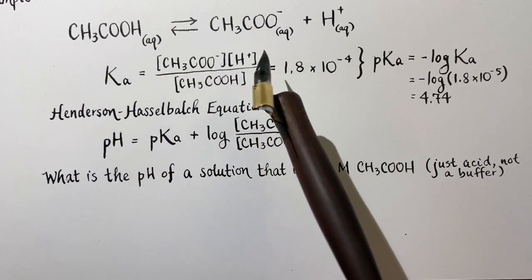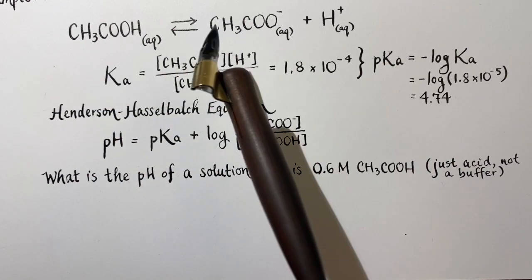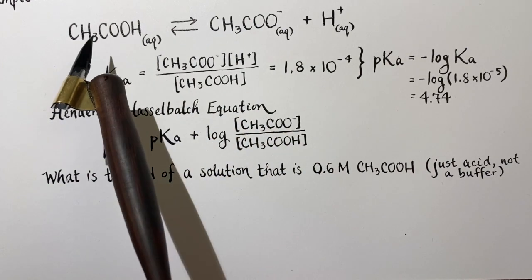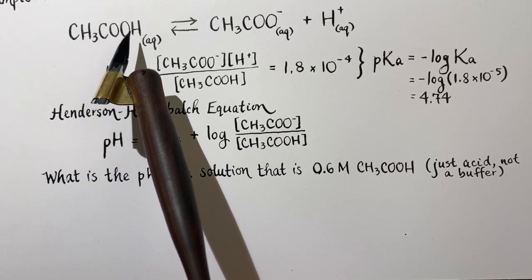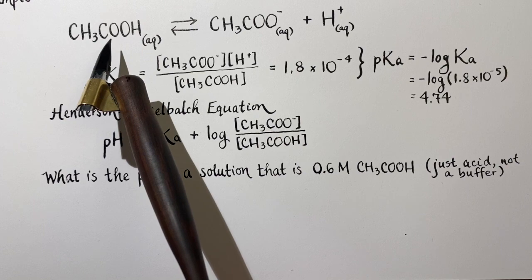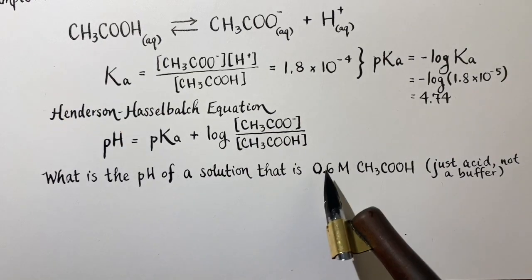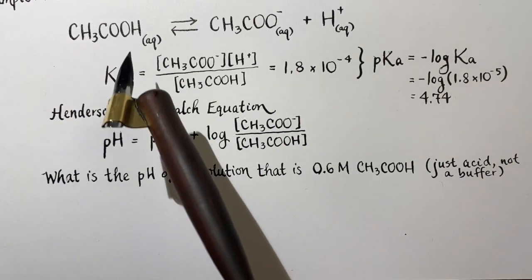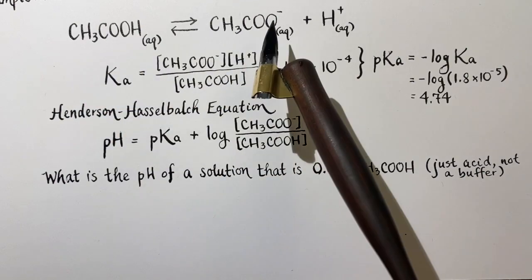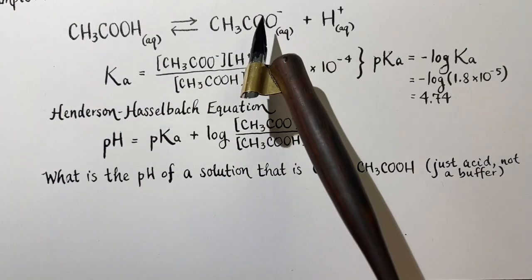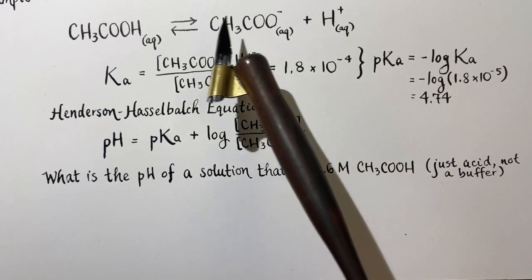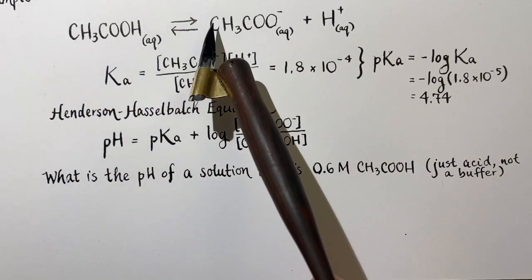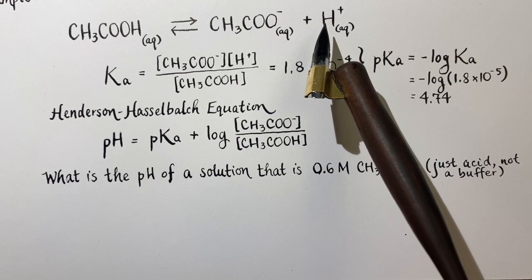And we know that this is a weak acid. So we can approximate that 0.6 here will stay within one significant figure. We won't lose much of this. Small amount will be broken apart, and that these are equal stoichiometrically, 1 to 1 to 1. These are all equal to each other.